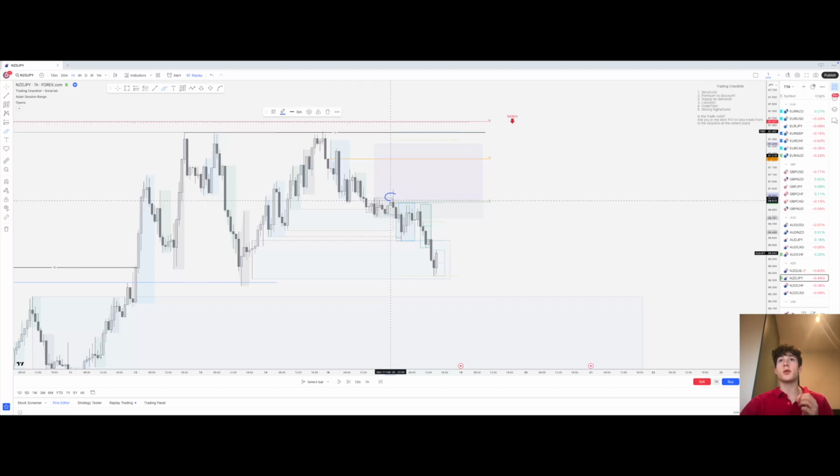We had a fractal break over here, but once again this was not valid because it was after New York, so I couldn't enter any long in this move. So that's why I didn't hit a stop loss, because I wanted to wait for confirmation, which is the fractal break. And I wanted to show you that you can minimize your losses if you just wait on the right fractal breaks.